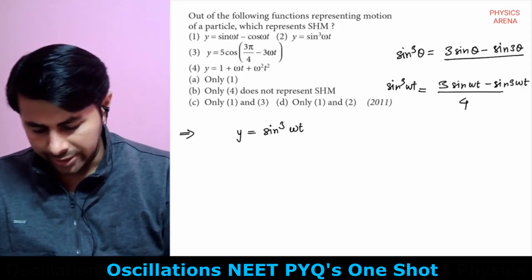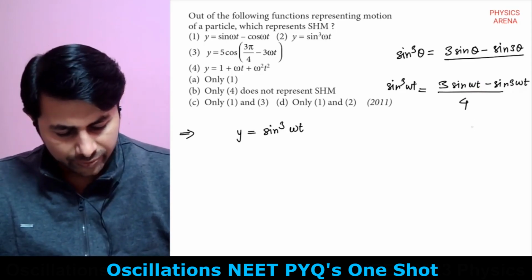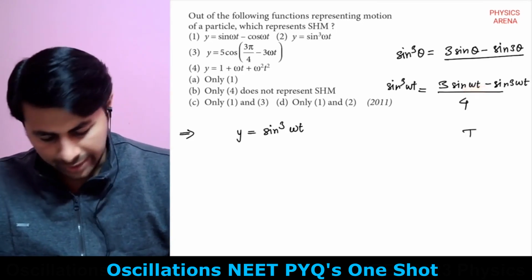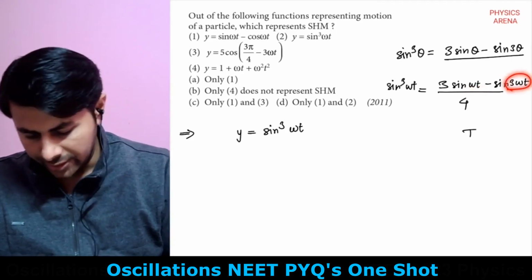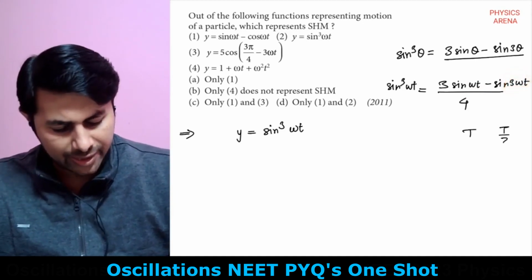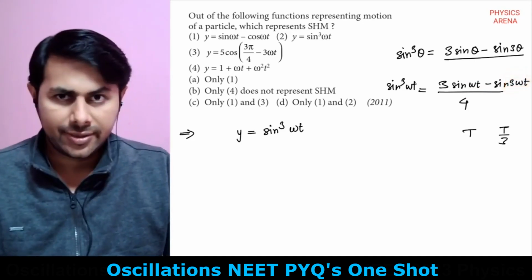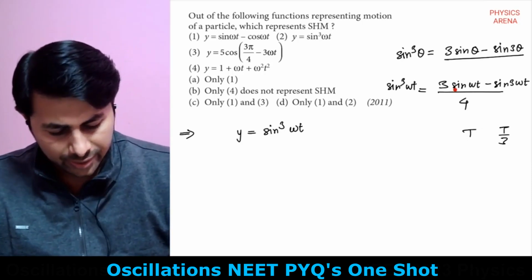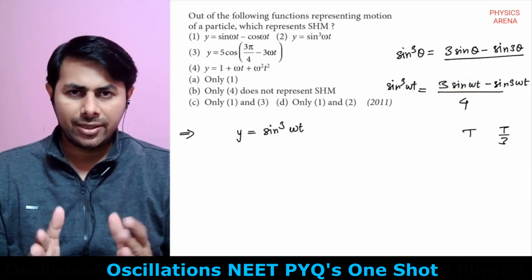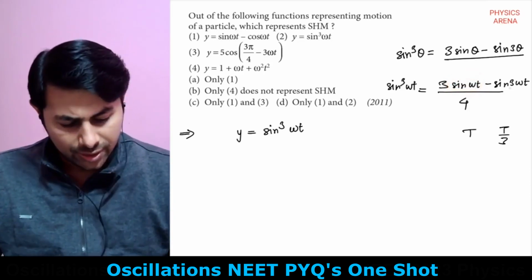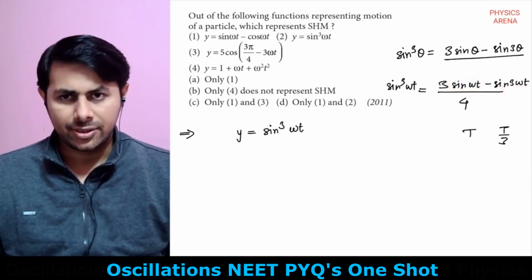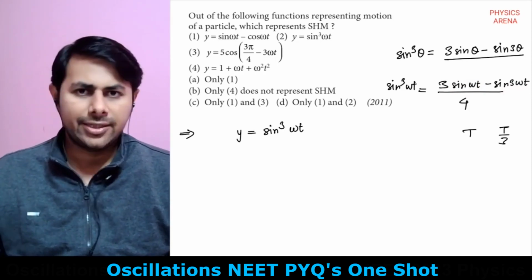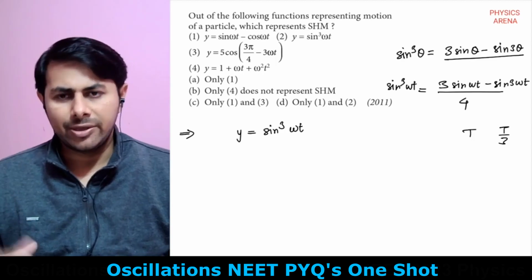Let's suppose the time period of the first function is T. The time period of the second function will be T by 3, because the frequency is thrice. When sine omega t completes one oscillation, this one will complete 3 oscillations. This will still be periodic, but it's not SHM because the frequencies are different.